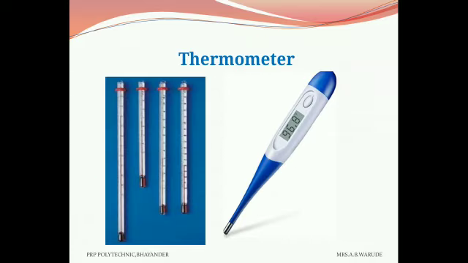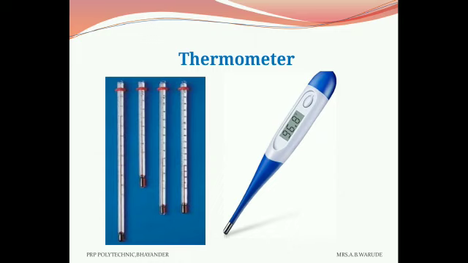This photograph shows different types of thermometers. On the left hand side, 4 thermometers are shown and their ranges are different. Range means the minimum reading to the maximum reading of the instrument. For example, 0 to 100 degrees Celsius, or 0 to 200 degrees Celsius, or it may be 0 to 300 degrees Celsius.